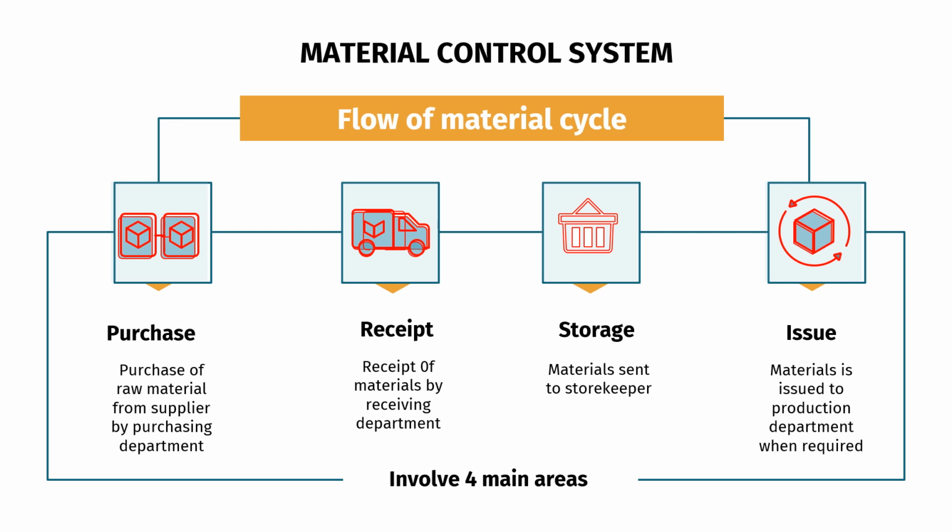So these are the activities you can see in the movement of the material. Each activity needs to have its own document to ensure the effectiveness of the internal control of the manufacturing company. We will learn the details of the documents attached to each activity in the next slide.